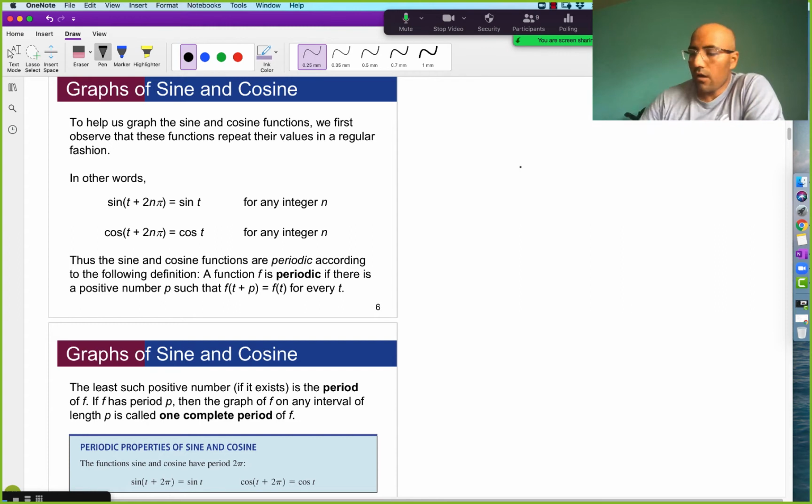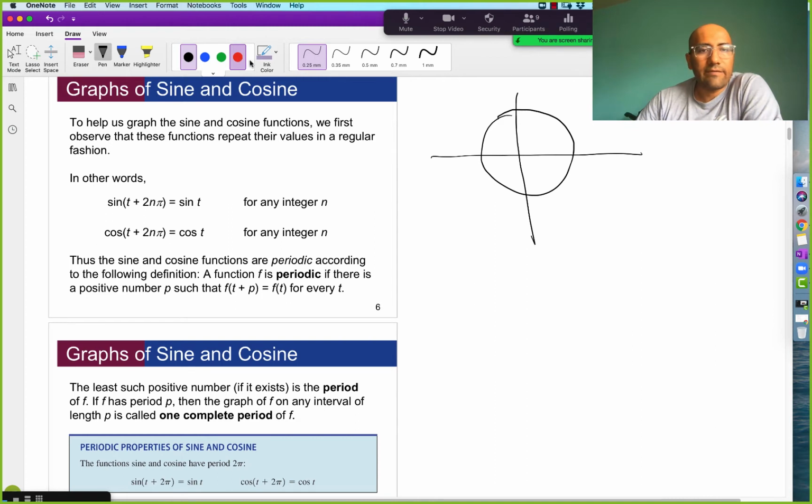Okay, so we know that on the unit circle, something like this, here is this, here goes that. If we have some t value that goes, say, from the start to there, that ends in some terminal point there.